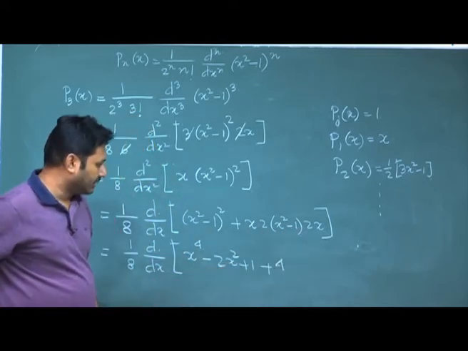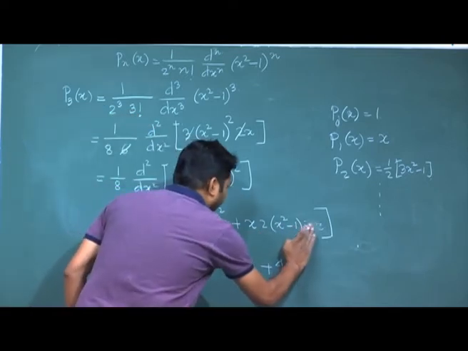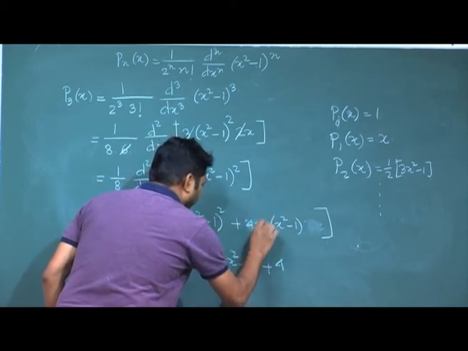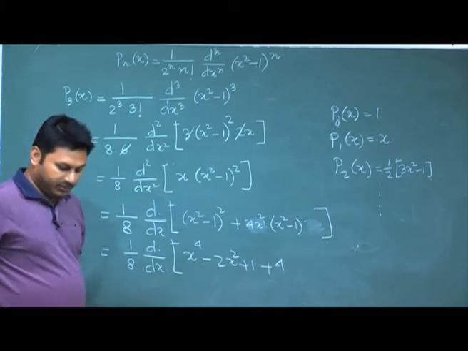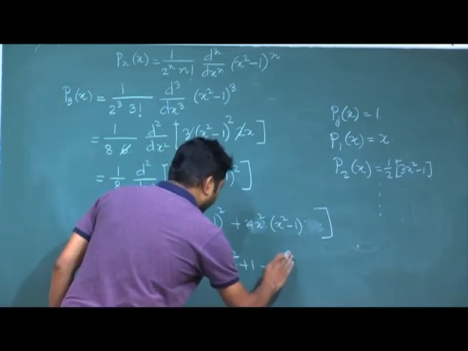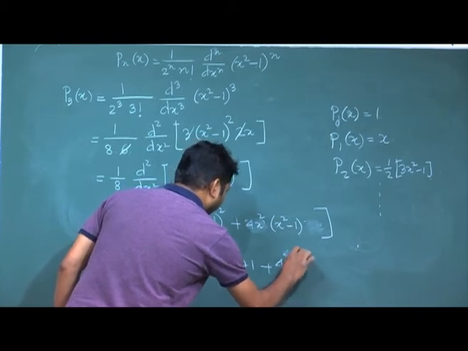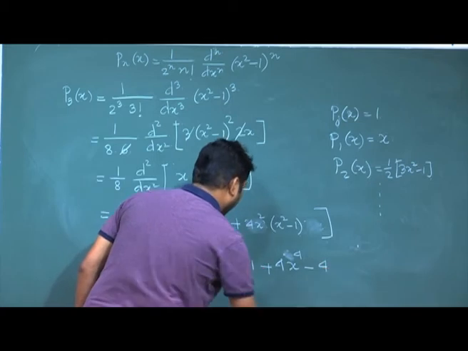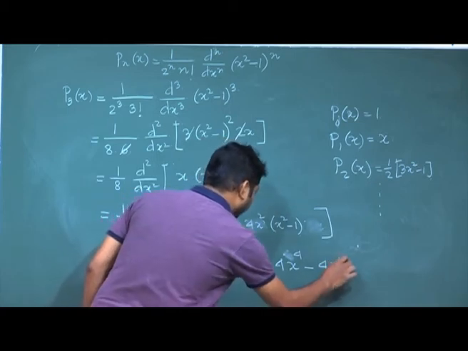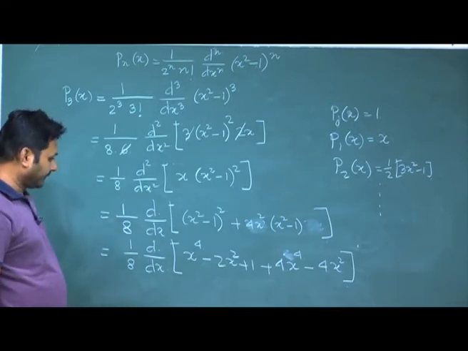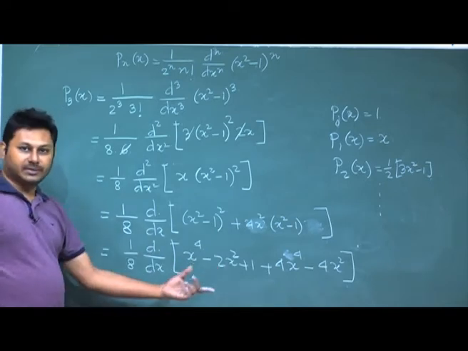Let me write it this way, multiplied by 4x². So it will be 4x to the power of 4, x to the power of 4 minus 4x². This comes out to be something like this.